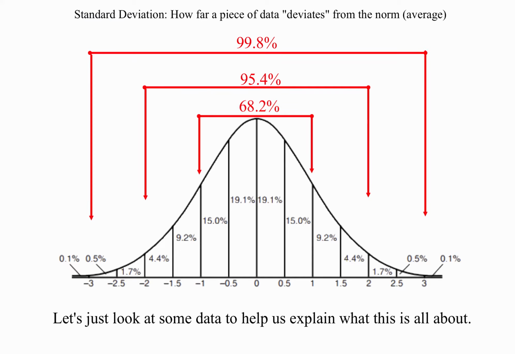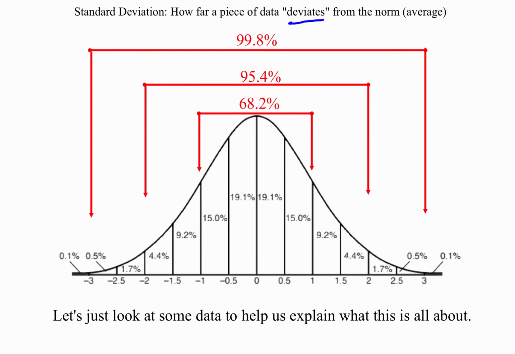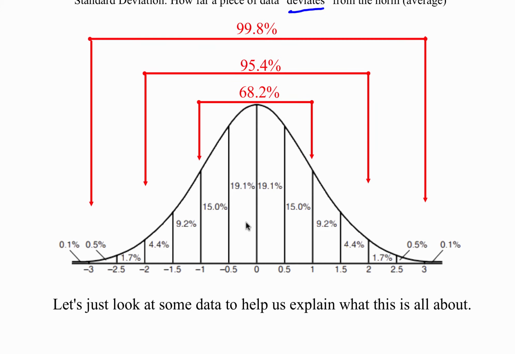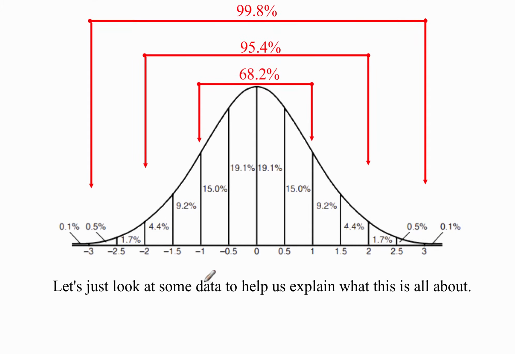So standard deviation is how far a piece of data deviates from the norm. Now we put percentages on these. And there's a lot of numbers being thrown at you right here. Notice this bell curve, we broke it down into halves. So one standard deviation below and one standard deviation above.